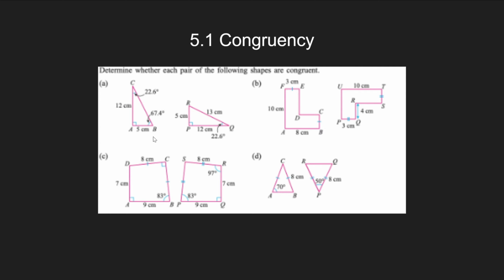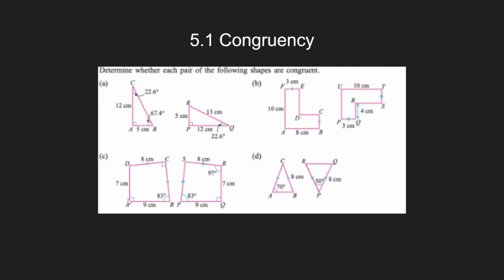So for question C, you can see the angle ADC, this is a square. Square is equal to 360 degrees.